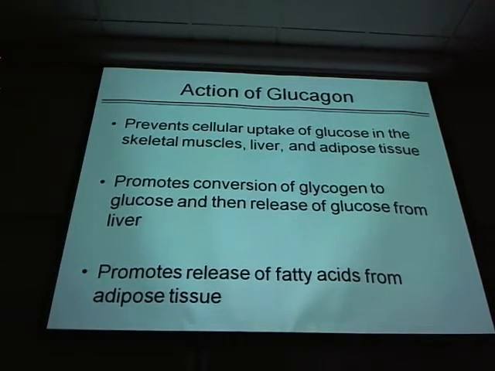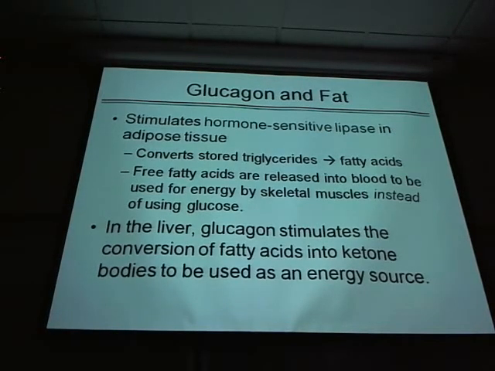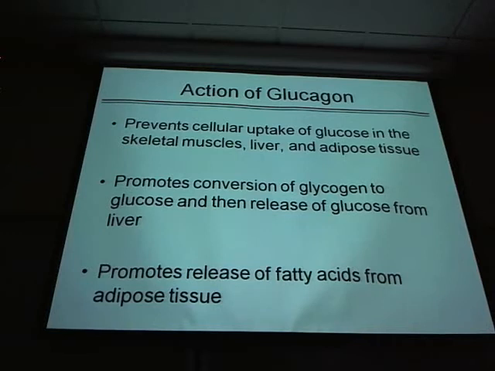Is this what we talked about with sympathetic and parasympathetic? When you're in fight or flight, your body is doing this to release as much glucose as it can quickly into the bloodstream. But it does that with epinephrine, not glucagon.